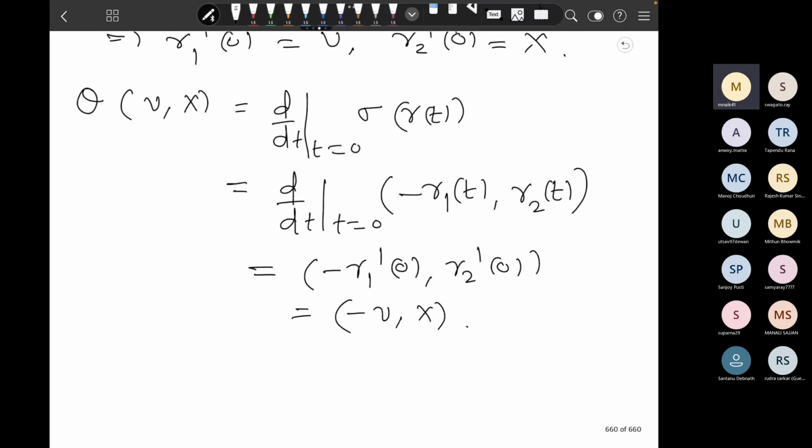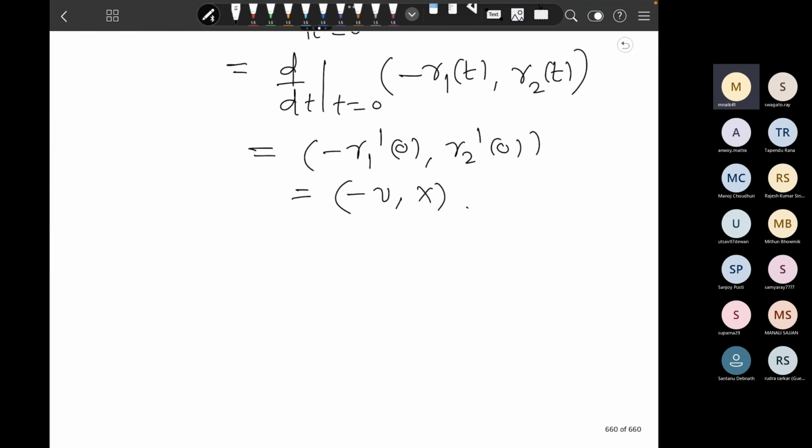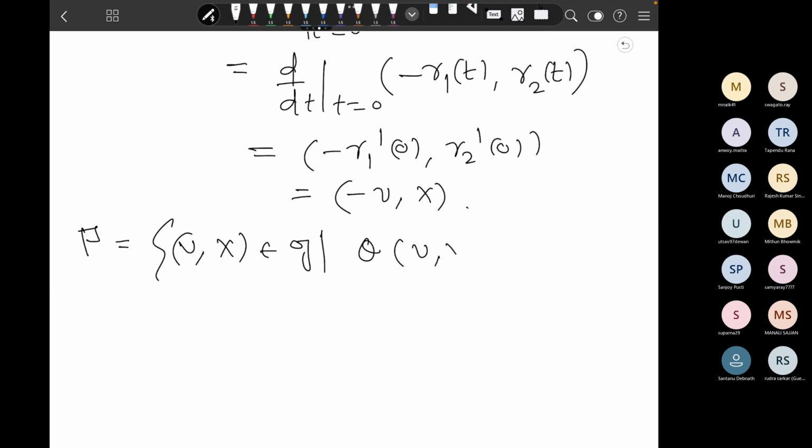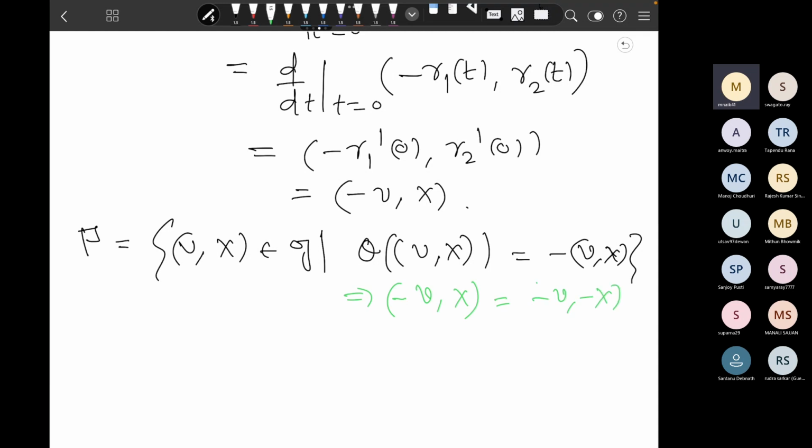Okay. But theta of (V, x) is equal to minus P x, hence for x belonging to k, and (V, x) belonging to G, theta of (V, x) is equal to minus of P x, right? But theta of (V, x) is really minus (V, x), and this is really minus V, minus A. So that means x is equal to 0, right?